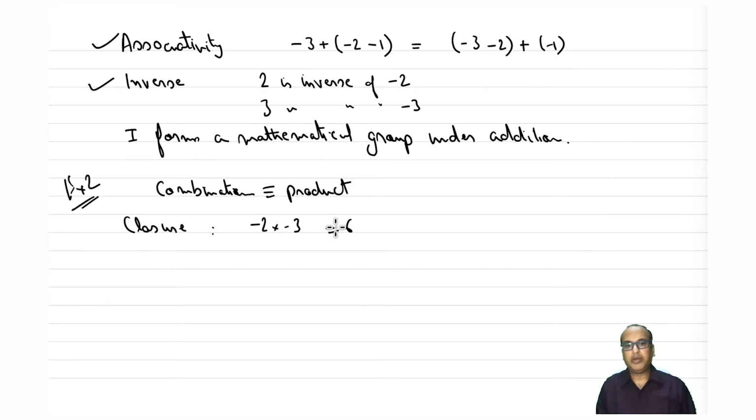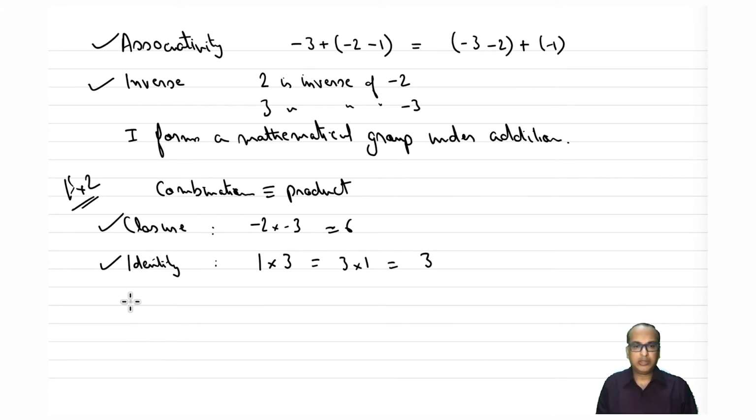So product of any two integers is another integer. So closure property does hold true. Then identity. So 1 is an element which leaves any other element unchanged and also commutes with them, right? So identity also holds.